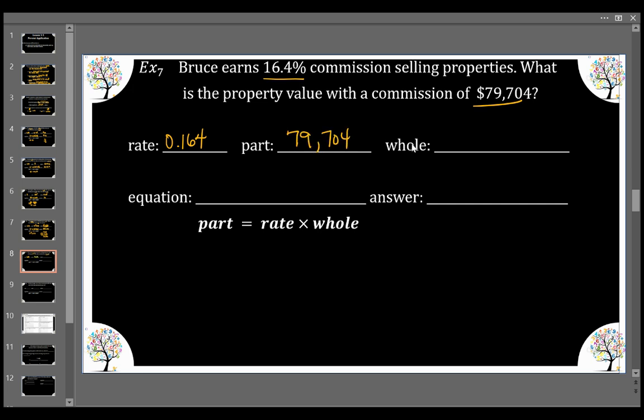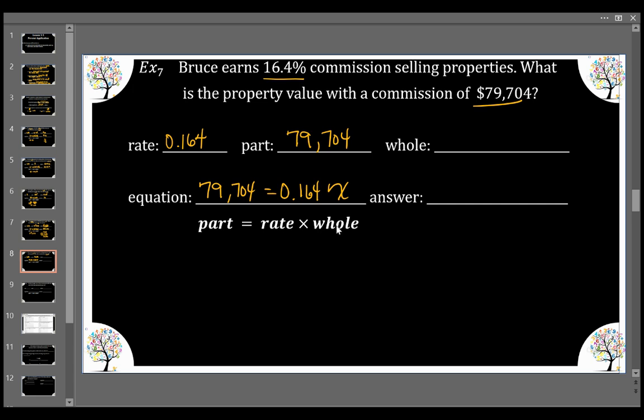We want to know the original amount of the property sales, which is going to be the whole. Our part is $79,704. Our rate is 0.164, and we're looking for what the property sales was.